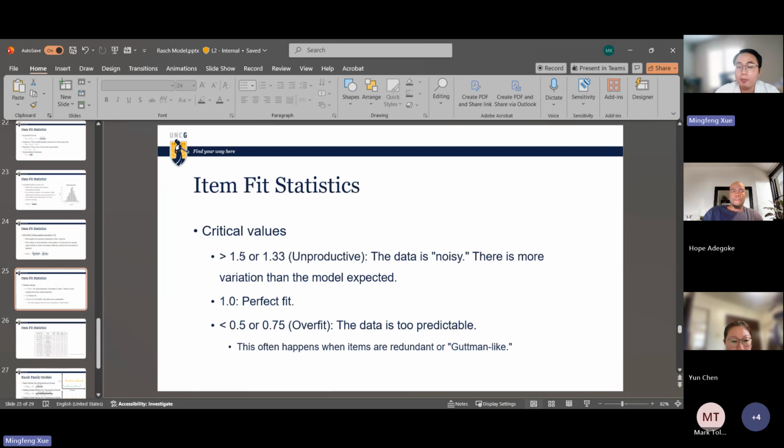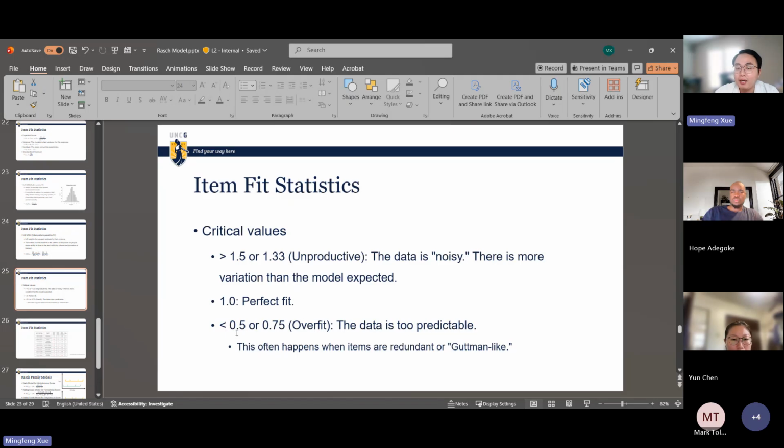But for those items that fall above 1.5, it means that there is too much noise in your item. Your item as a window to capture the evidence of the latent trait is failing, because the responses we collect for this item contain too much noise, and there's not much signal to capture the latent trait.